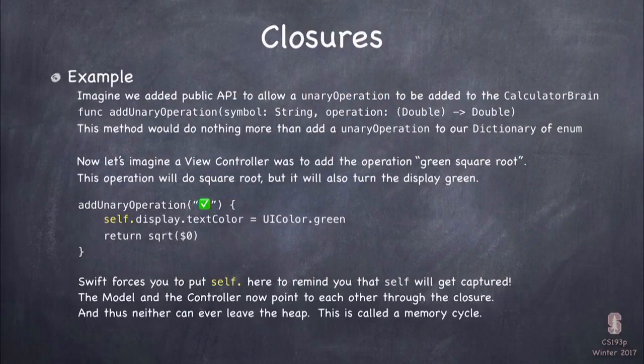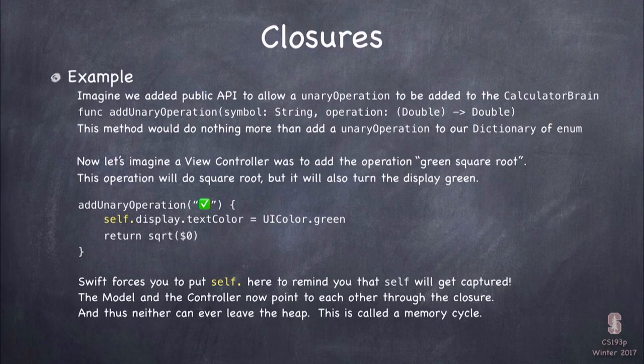Okay, why will this not compile? Let's look and see why not. It's going to say, you have to explicitly say self dot there, because I want you to understand that you are capturing a strong pointer to yourself in this closure.